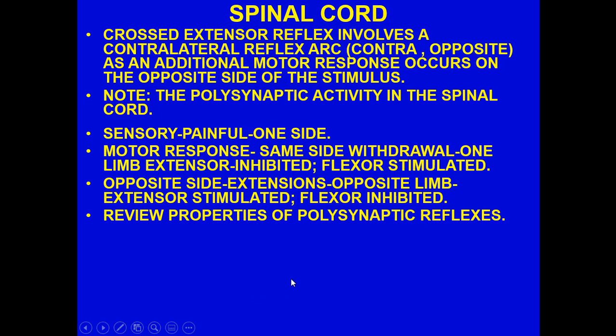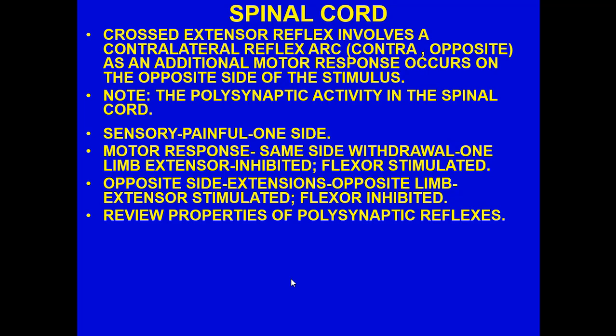Now we get into the crossed extensor reflex, and it involves a contralateral reflex arc, contra meaning opposite. You're going to have an additional motor response occurring on the opposite side of the stimulus. This is where you have polysynaptic activity in the spinal cord. Usually, this is a painful sensory input on the one side.